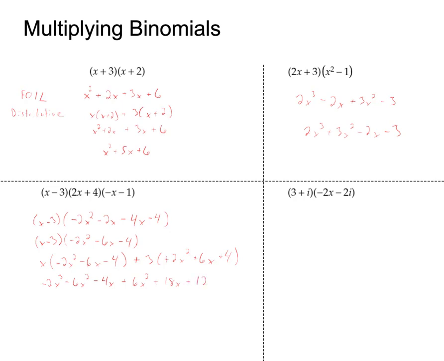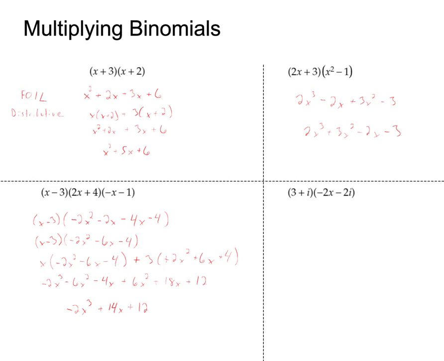Now let's combine all our like terms here. So negative 2x cubed, then we have a minus 6x squared and a plus 6x squared, so that's going to cancel. So we have no x squared term. Minus 4x plus 18x is going to be plus 14x. And then we have the plus 12 at the end.